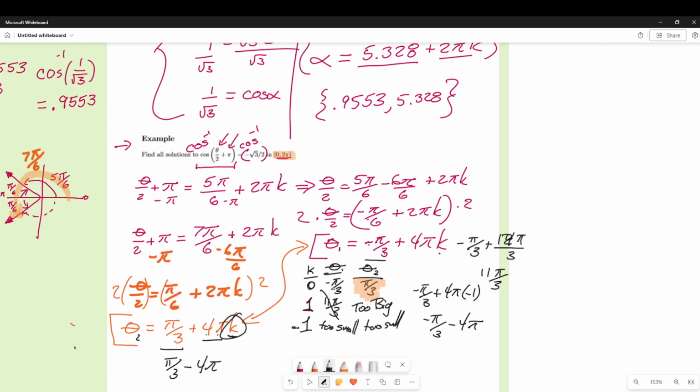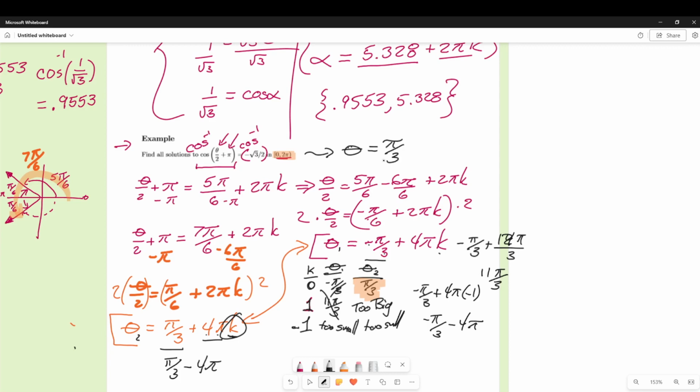So generally you want to do it this way. Put in your k's until you get stuff that's too big, and negative values. Check those negative values, make sure you get things that are also out. That means that pi over 3 is our only solution to this thing. So the only solution to this thing is theta equals pi over 3.